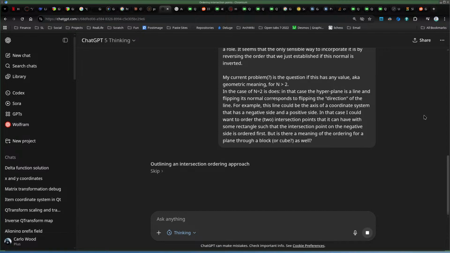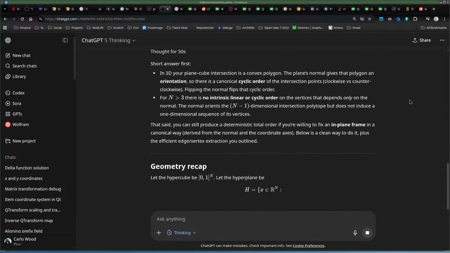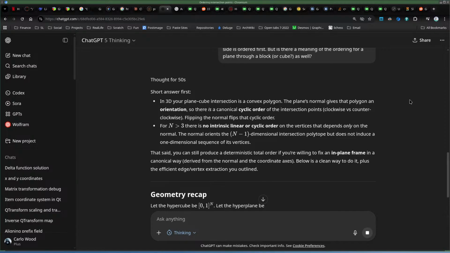Yeah, ChatGPT-5, it has the tendency to formulate everything as if it is the world's expert on the topic, even if it has no clue. But maybe it will impress me.